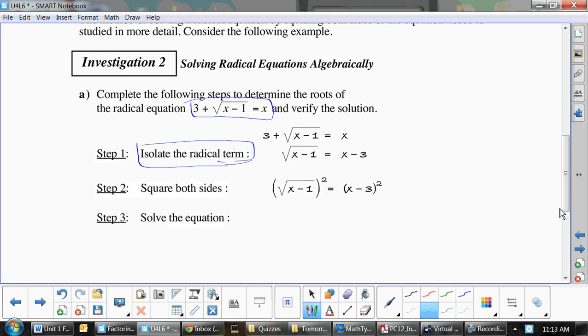So let's minus 3 from both sides so I can get it on its own. Then I square both sides. This will be x minus 1 equals x squared minus 6x plus 9. You had to FOIL it, right? So it's going to be x squared minus 6x plus 9.